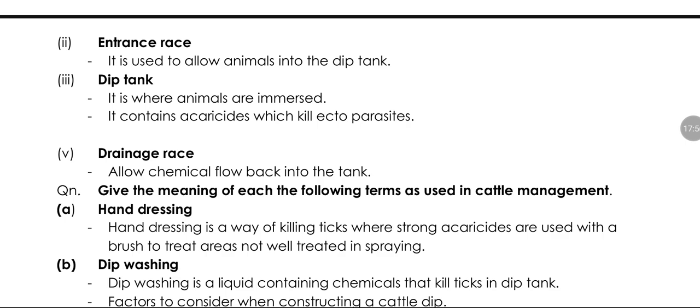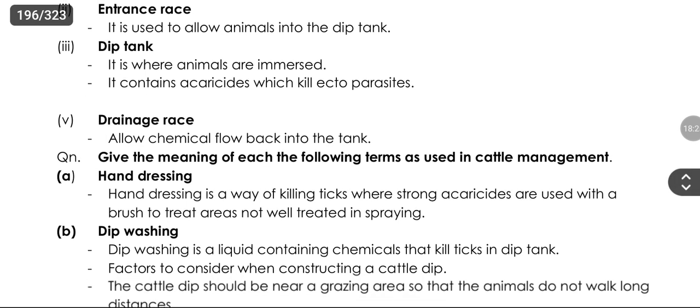So sick or weak animals cannot be dipped. Another disadvantage is that animals can die, because not every animal understands how to pass through. So they have to practice it, or you may dip them without knowing they are weak. The animal fails to get out of the tank and it dies. So those would be some of the disadvantages of the dip tank.